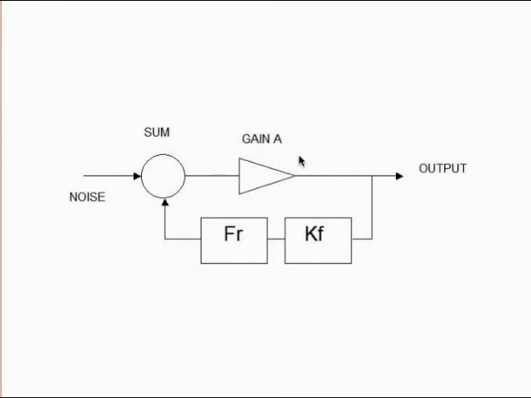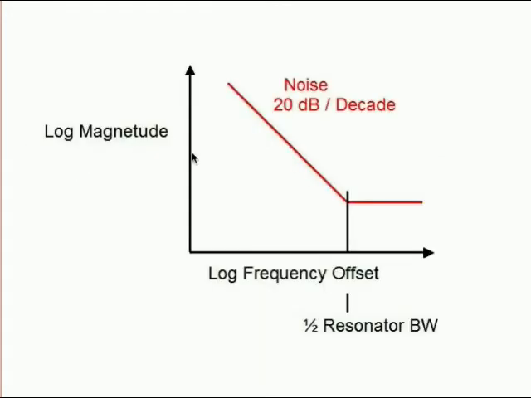Now we're going to find out with this derivation, but we know from experience that the phase noise of an oscillator will fall off at minus 20 dB per decade in the region that we're interested in, whereas the amplitude noise of an oscillator will be flat.